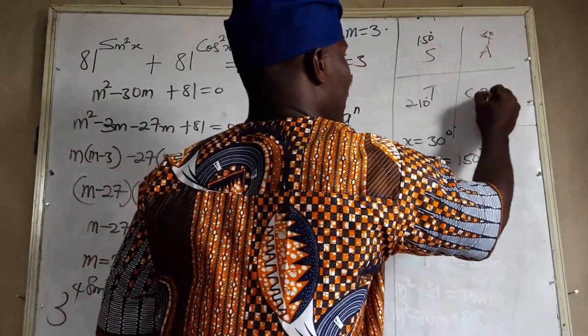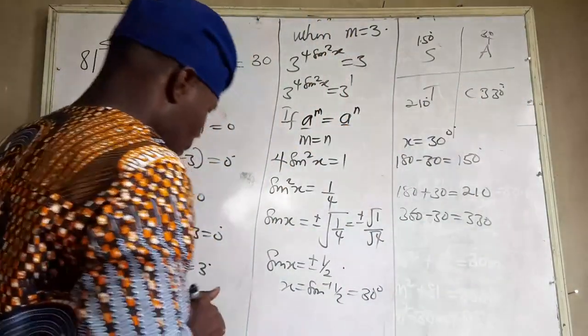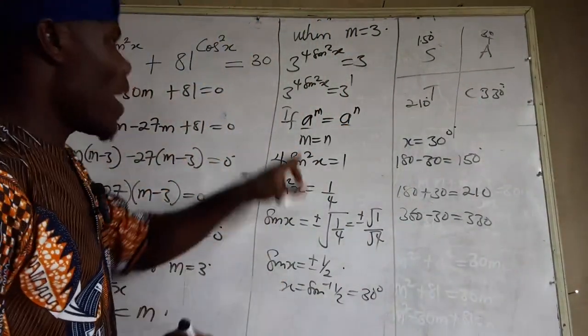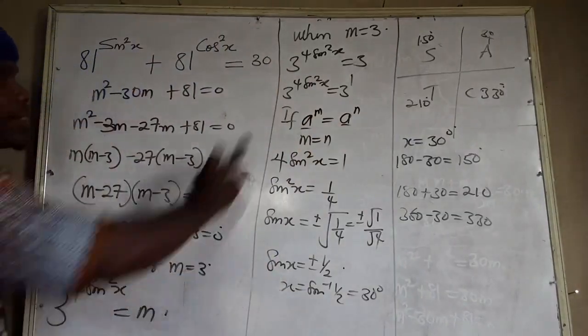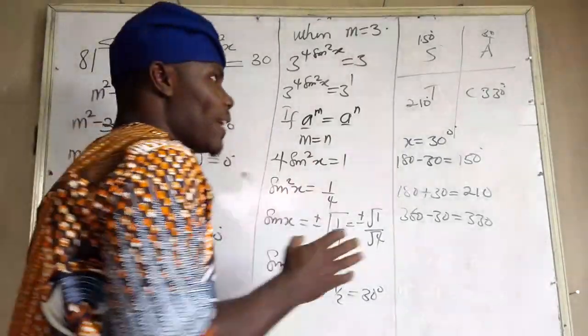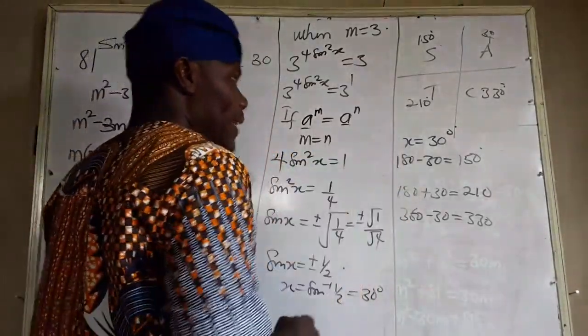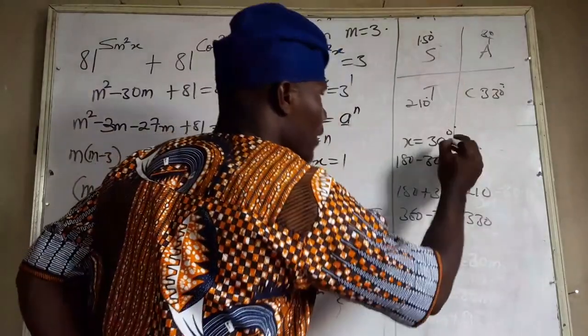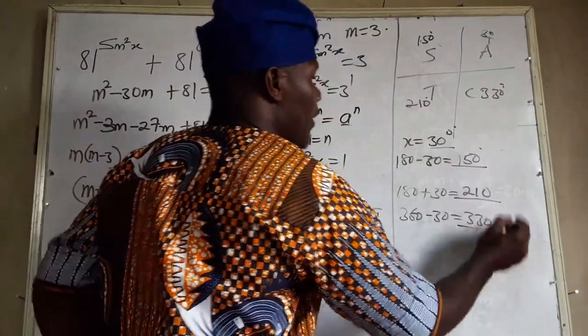So here is 330 degrees. So now when m is 3, the values of x are 30 degrees, the second one 150, the third one 210, and 330.